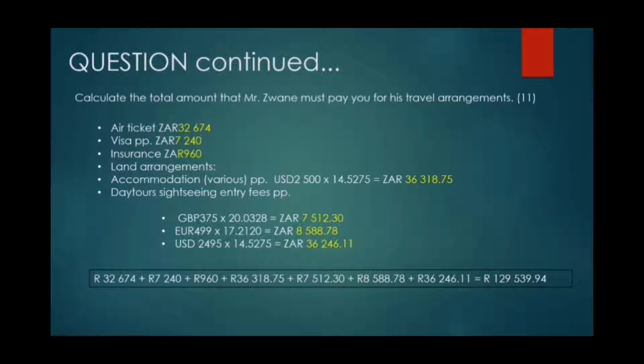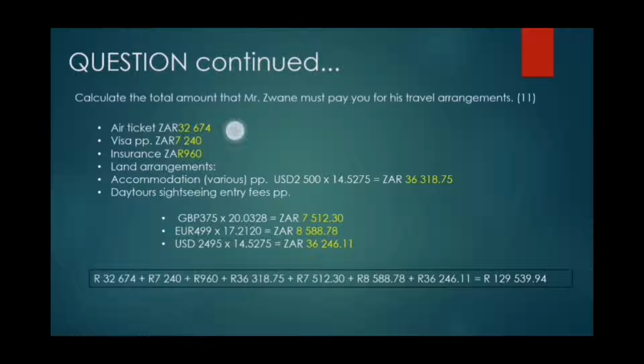You have your British pound multiplied by the ROE, which gives us 7,512 and a couple of cents. You also apply the same concept to your euros and your USDs again to get the amount of money that we spend for those entrance fees and sightseeing. And then you add up all of these amounts.